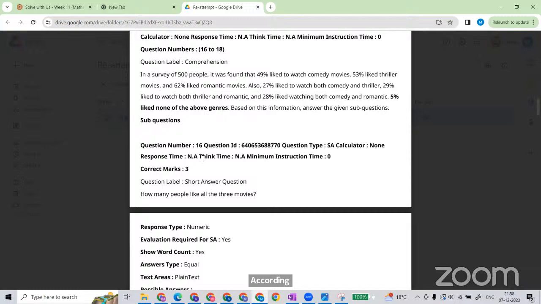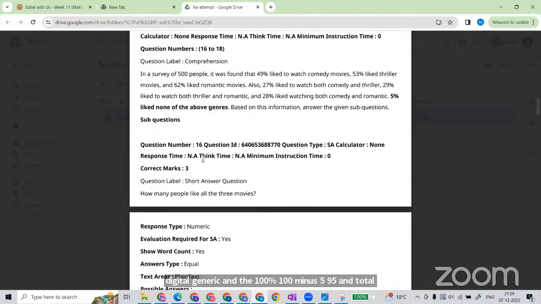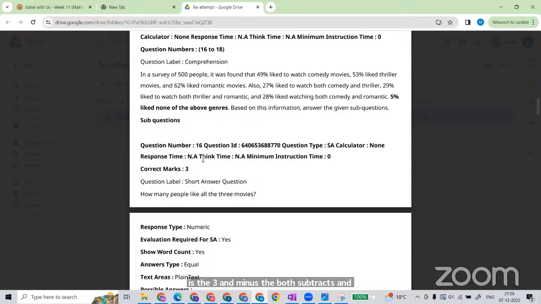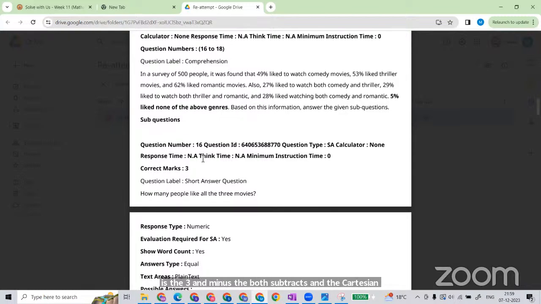I have solved it and the final answer is 75, because 5% like none of these, so 100 minus 5 is 95. Then subtract using the Cartesian formula: 95 minus 80 is 15%, and 15 upon 100 multiplied by the total of 500 gives 75 as the correct answer, but randomly 6 is put.